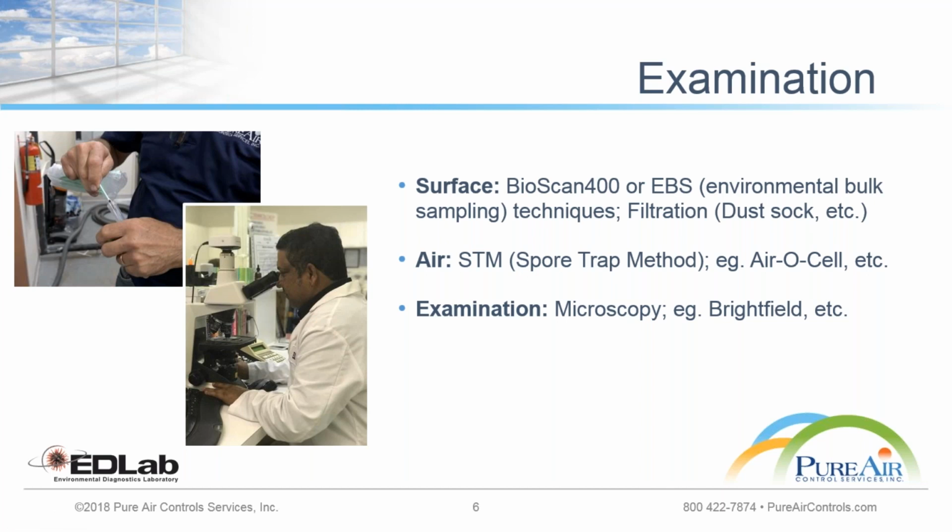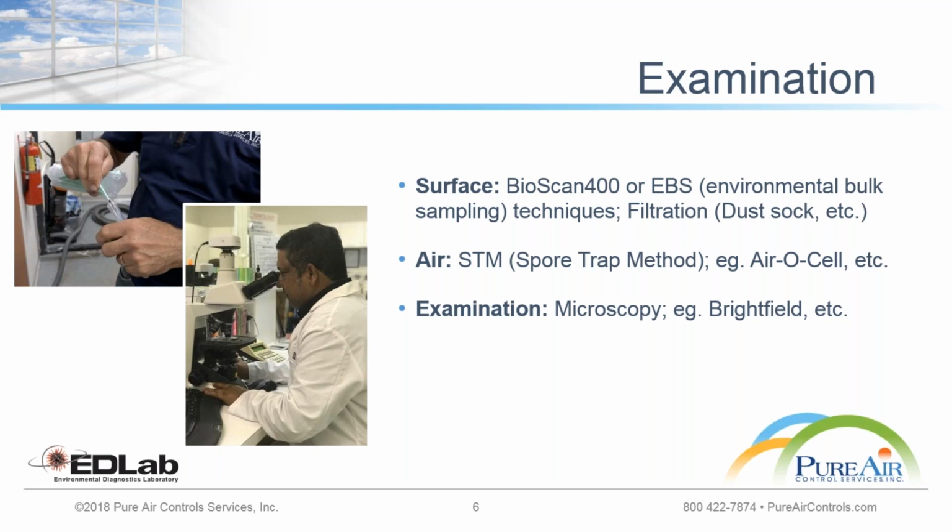Another method is the environmental bulk sampling method. Simply, you collect the dust or debris from a place by using filtration techniques such as a dust sock, etc., and then you send the bulk sample to the laboratory. The laboratory makes the preparation and prepares the sample.